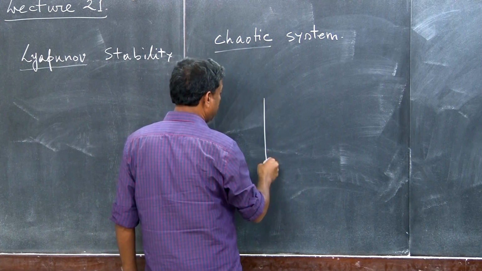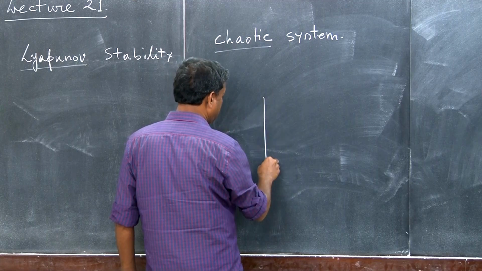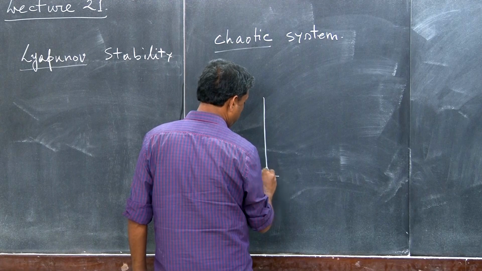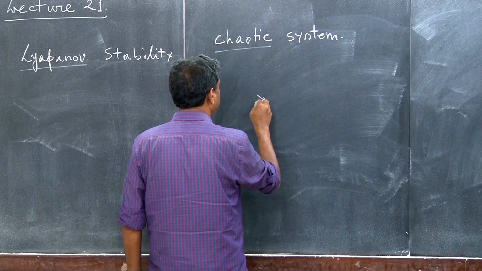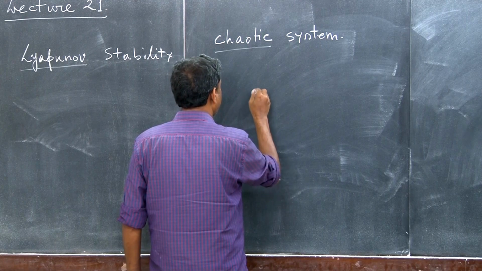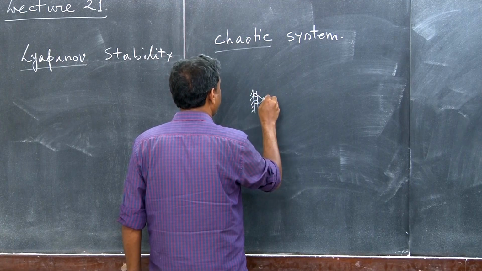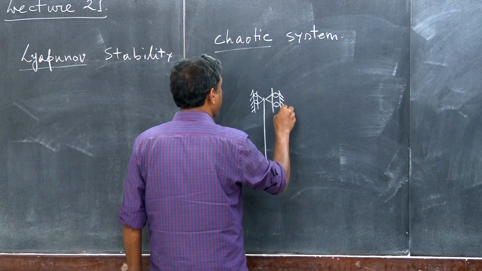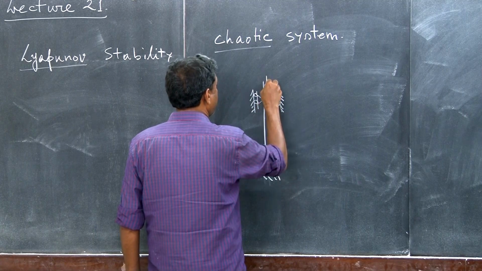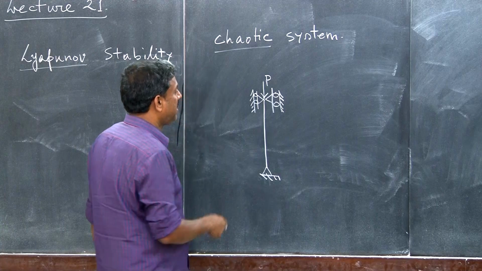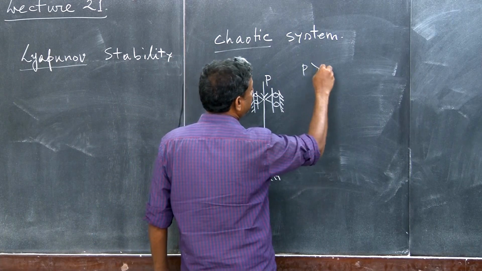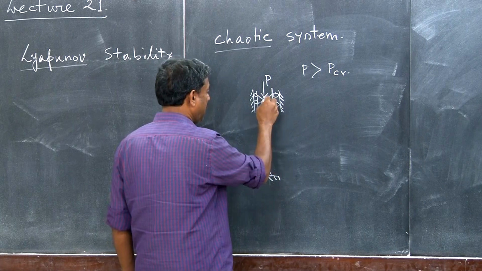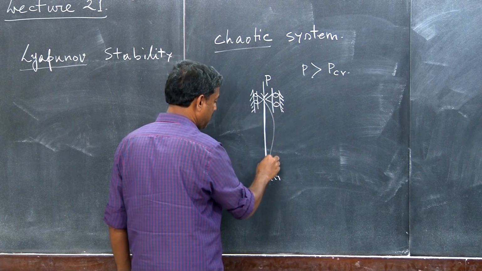So, you take a column, okay, and you apply this compressive load P, which is very much greater than P critical. Then of course, it will buckle, right.